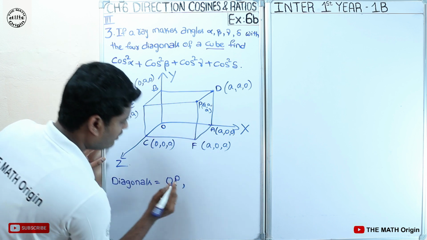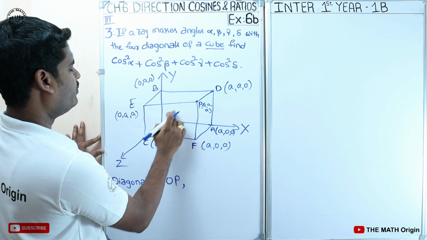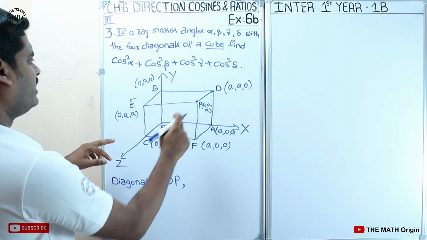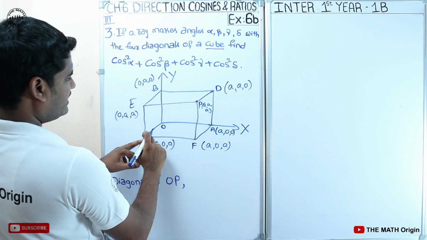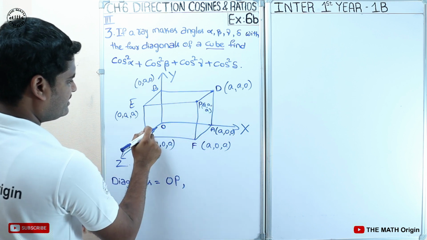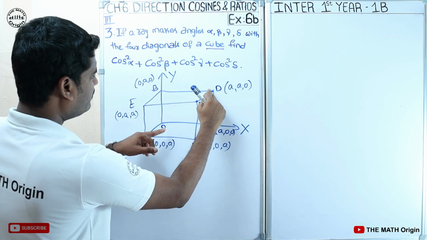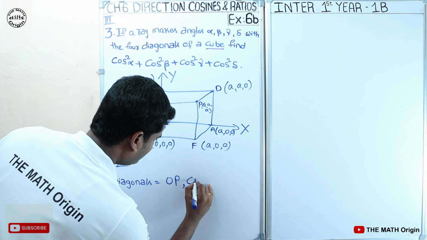Next, CD is another diagonal. One side is done, now the other side. This is the back side and this is the front side. So from C to D is another diagonal.